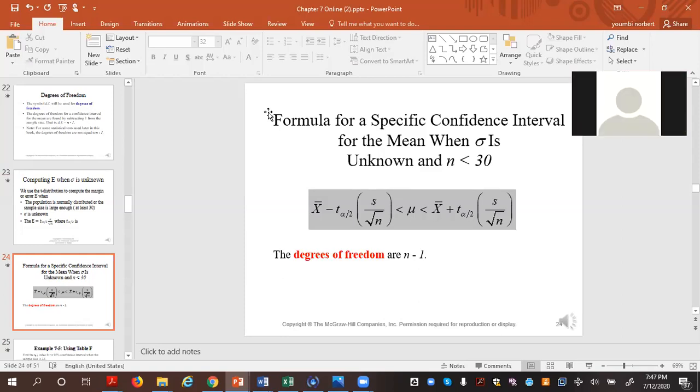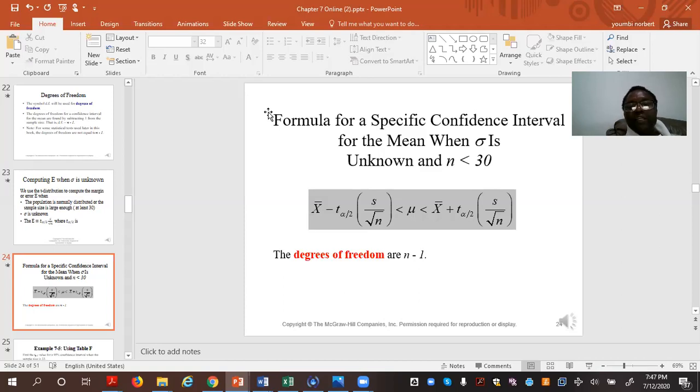X bar is the sample mean, the average, 44.2. 15 is the sample size. So X bar is 44.2, S is 2.6, N is 15.